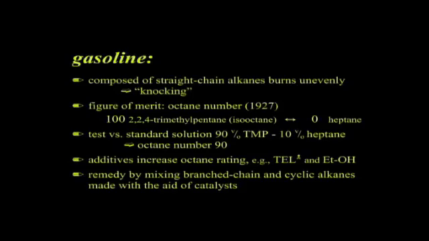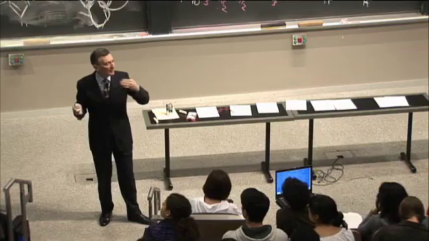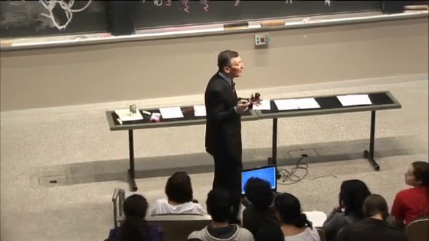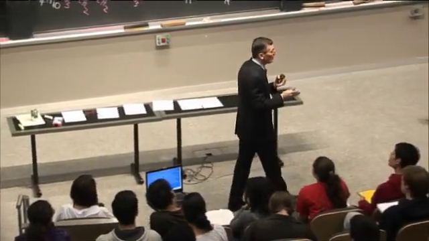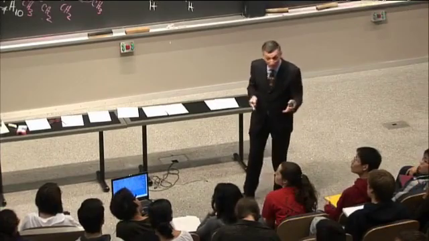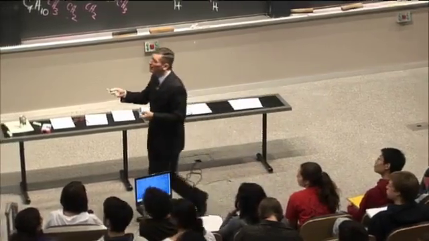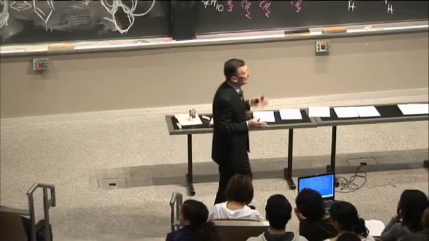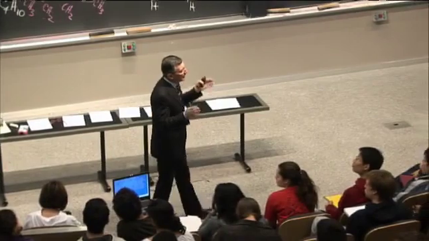The additives are tetraethyl lead or ethyl alcohol. And from that, now we get E10, which is gasohol, 10% alcohol. E85 is 85% ethyl alcohol. All of this you get by the synthesis, playing with the catalyst, temperatures, and so on to get the right mix to get good fuel and good emissions.